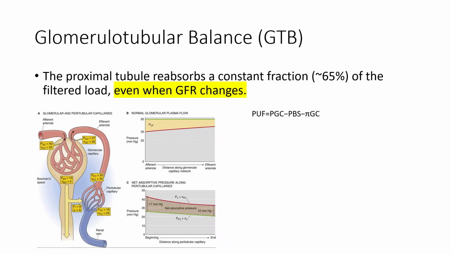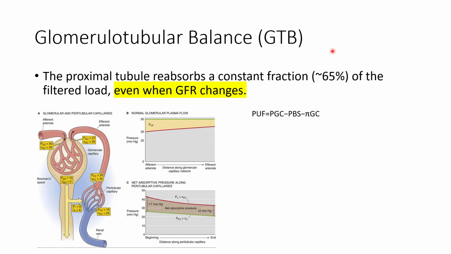So now we will just discuss a few more concepts and that will end this lecture. So one thing is glomerulotubular balance, GTB. So basically you have to remember that the proximal tubule reabsorbs a constant fraction.